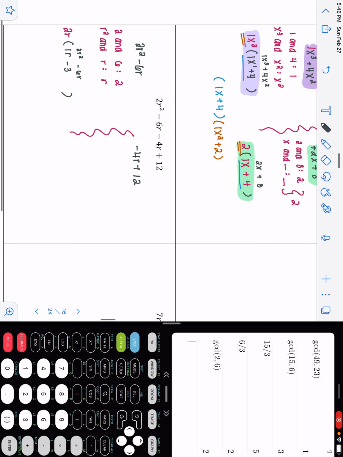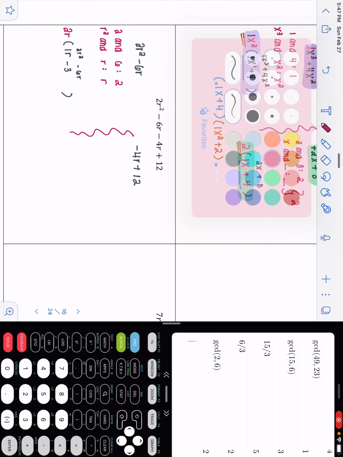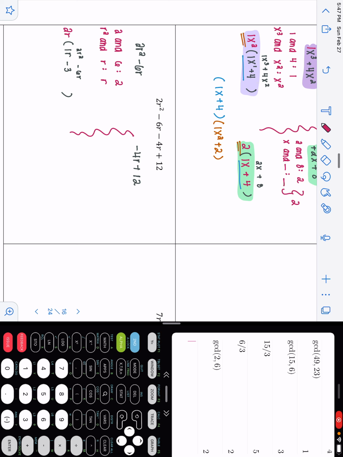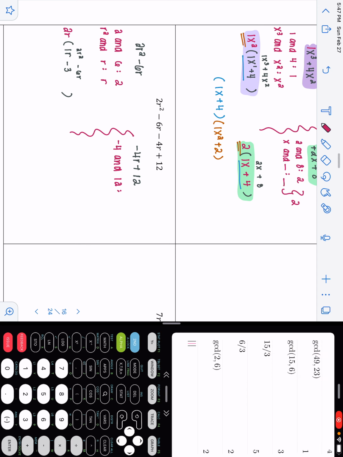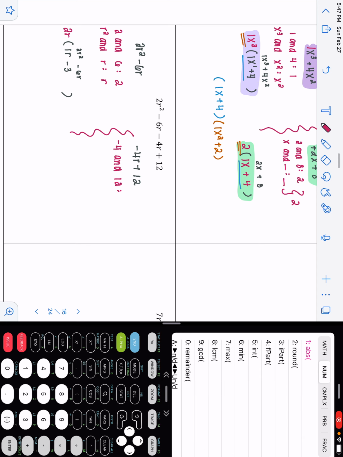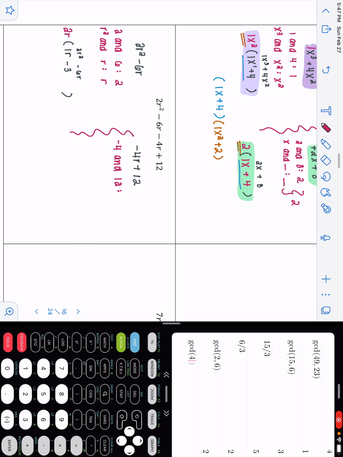Let's go ahead and do the same thing for our second part. So I have negative 4 and 12. Okay, so when you put in your calculator, if you try to put in negative 4, it's going to give you the wrong answer. So we're going to work with positive numbers only in our calculator. Positive 4 and 12 gives us our GCF is 4.